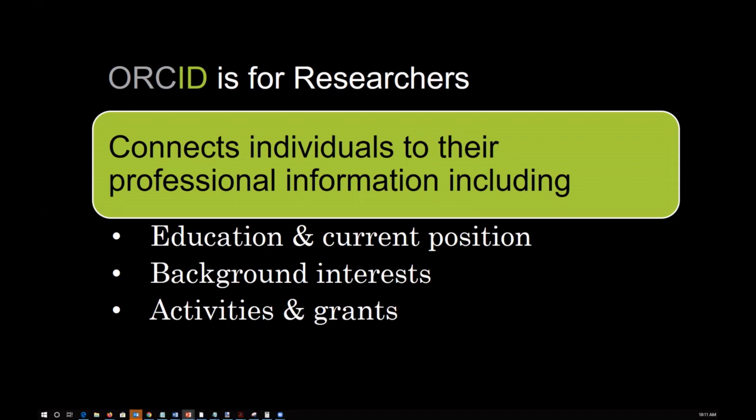So ERA Commons is a place where a lot of grant information happens, but if you don't happen to have an ERA Commons account, and the information is not in an NSF profile, ORCID can be a place where you can put in that information and then reuse it as necessary.